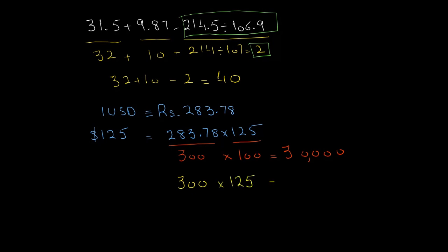If I multiply it by 125, I know that 3 times 125 is going to be 375, so the answer that I'm going to get is 37,500. Because I've increased 283 to 300 here, I know the answer is a bit less, so maybe the actual answer is between 30,000 and 37,500. But this is a good way to do some real life calculations by doing these approximations.